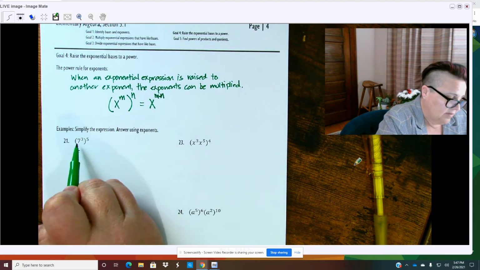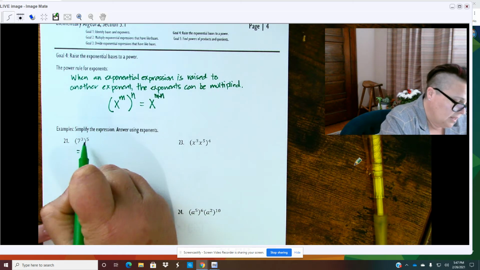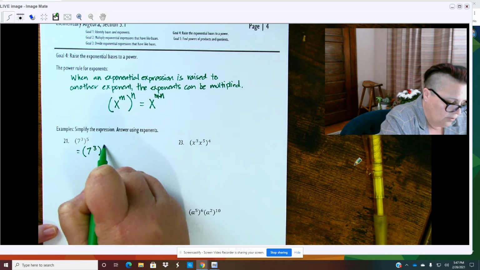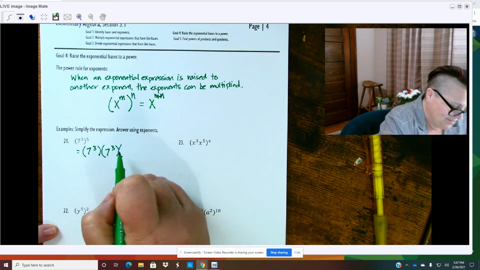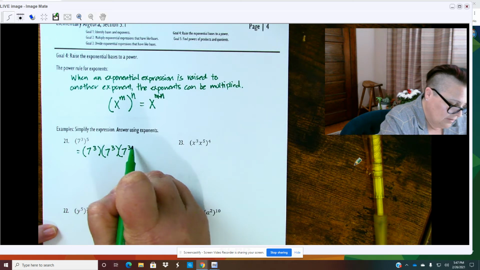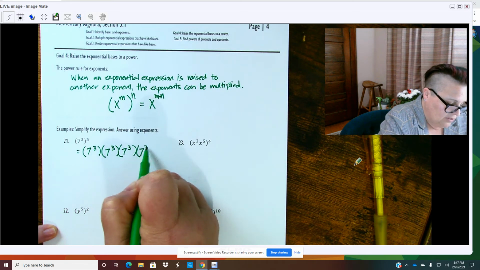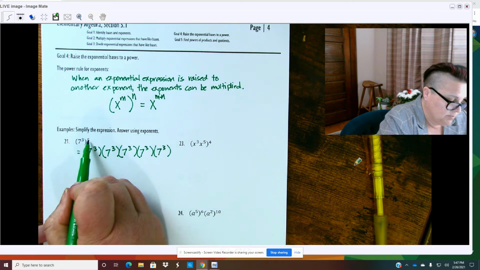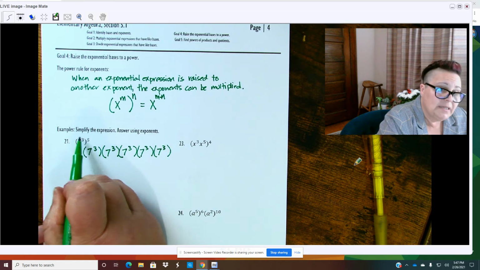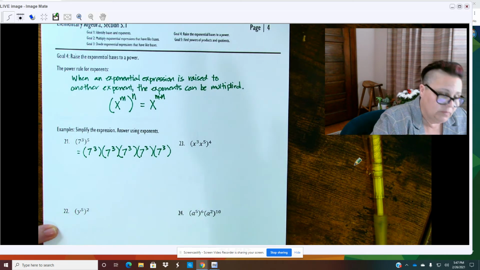If I have 7 to the 3rd to the 5th, this outside exponent means I'm writing 7 to the 3rd 5 times. 7 to the 3rd, 7 to the 3rd, 7 to the 3rd, and another 7 to the 3rd. That's what it means, right? That exponent means I'm writing this base 5 times.